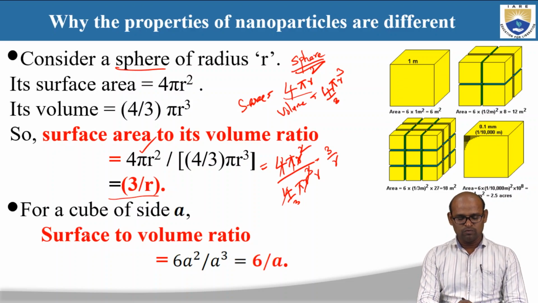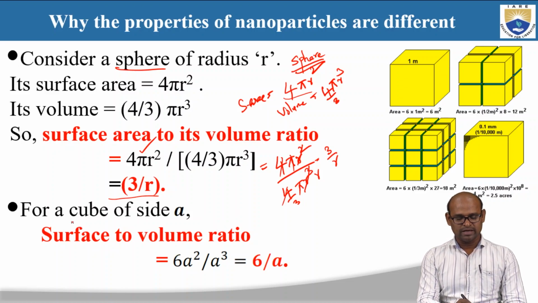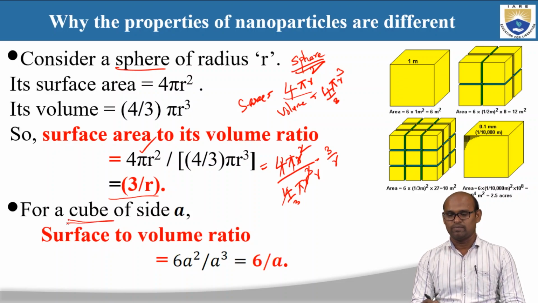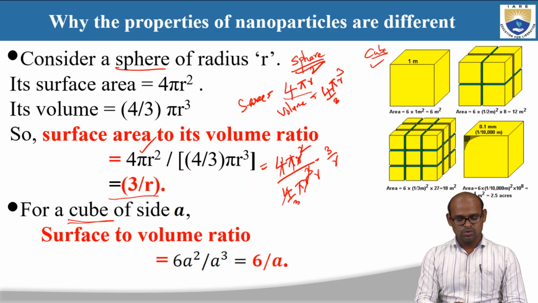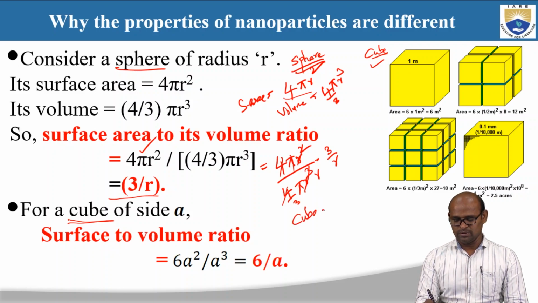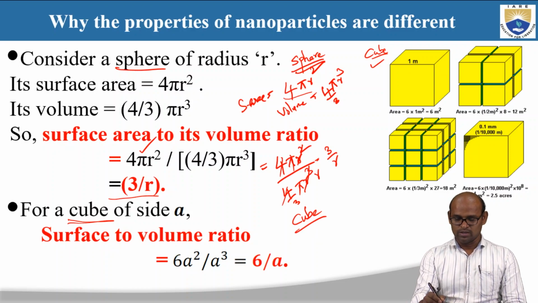Now for the second example, to understand the surface to volume ratio, I am taking a cube. The first example is a sphere, and the second example is a cube.